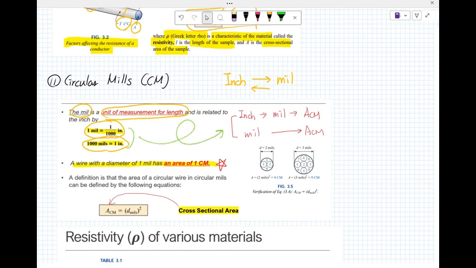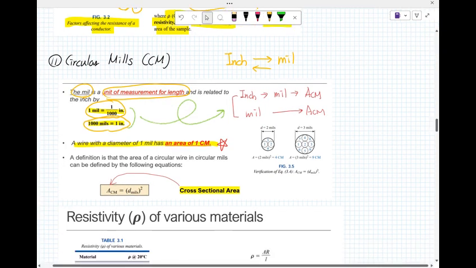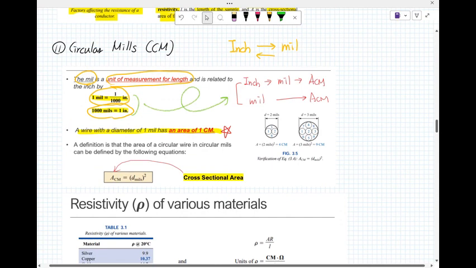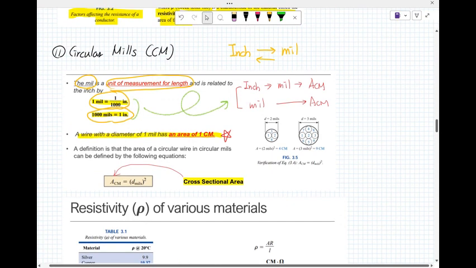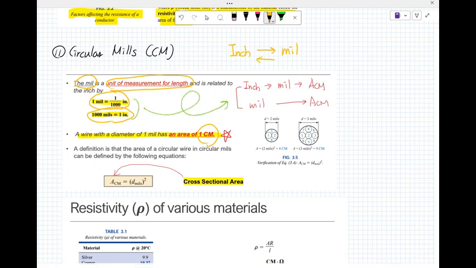So a wire with a diameter of 1 mil has an area of 1 circular mil.